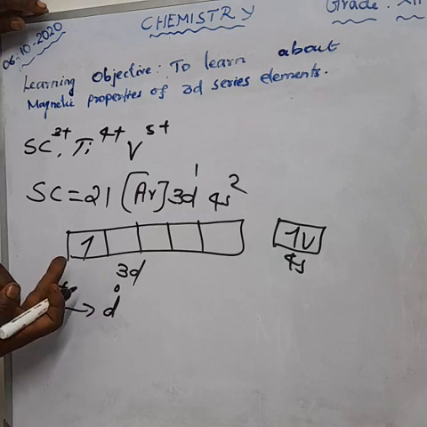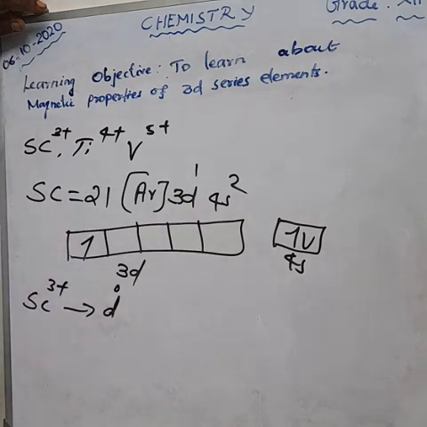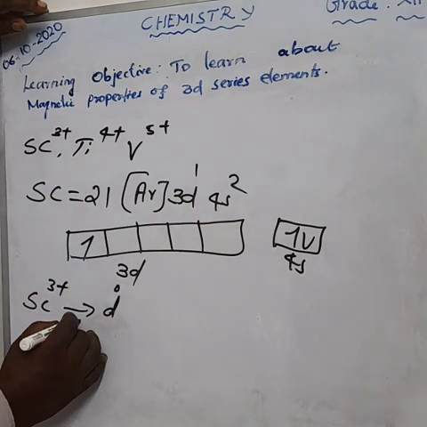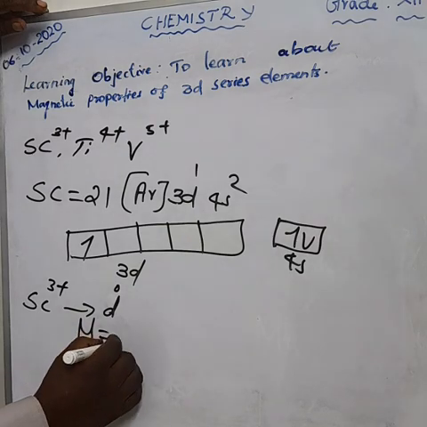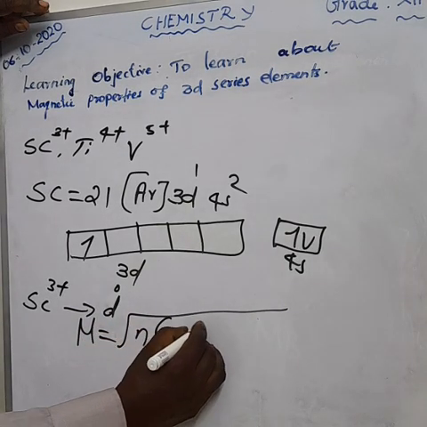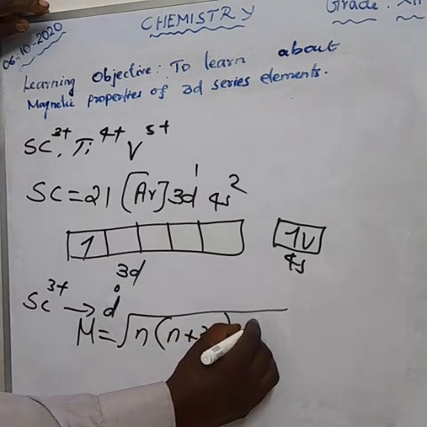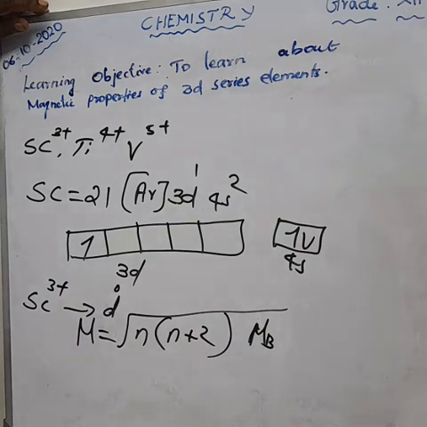There is no unpaired electron, because actually on losing the electrons, the d orbitals are vacant. So we can write mu. What is the formula for mu? Mu is equal to root of n into n plus 2 Bohr magneton, that is mu B.